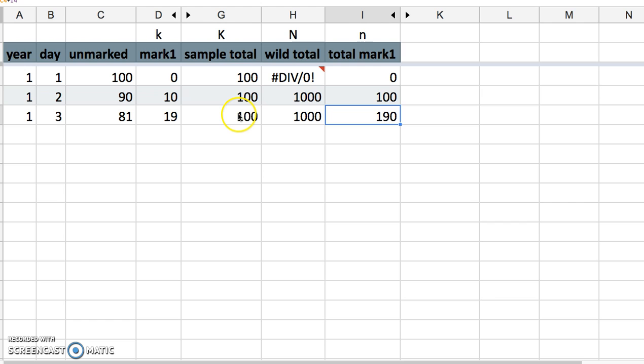So when we collect our sample of 100 minnows out of the minnow trap, and we observe 19 of them are marked, our percentage of marked fish in the sample is 19%, and so 190 minnows marked divided by 19% is, of course, 1,000. Again, we have confirmed with a second sample that our wild minnow population is 1,000.